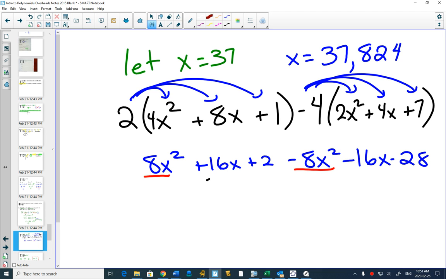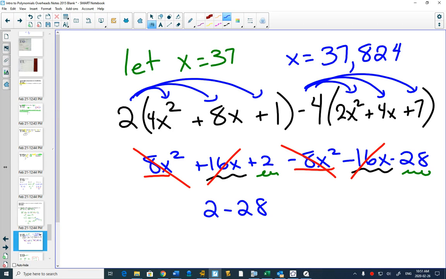Like terms. 8x squareds minus 8x squareds will give you no x squareds. 16x minus 16x will give you no x's. And you're just left with 2 minus 28, which on your number line ends up at minus 26.